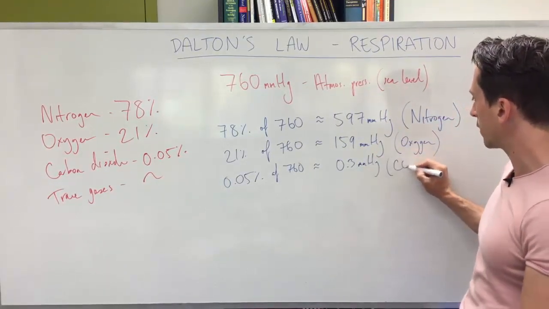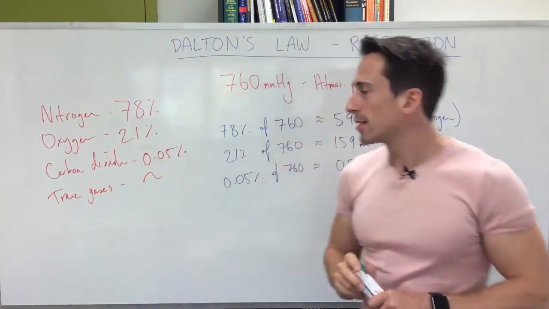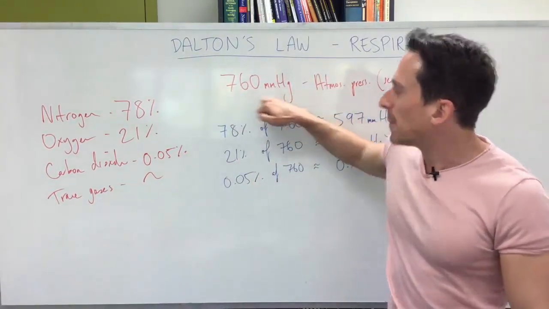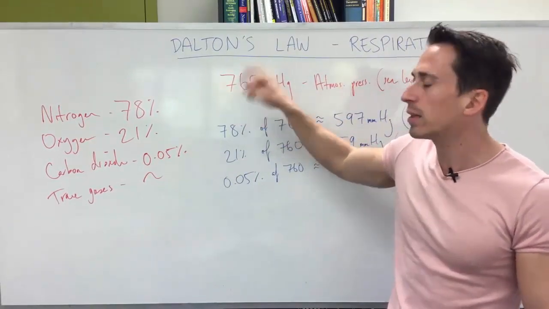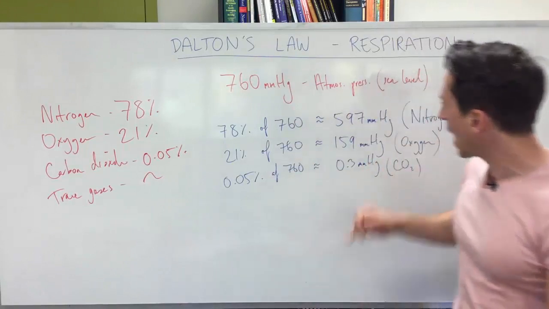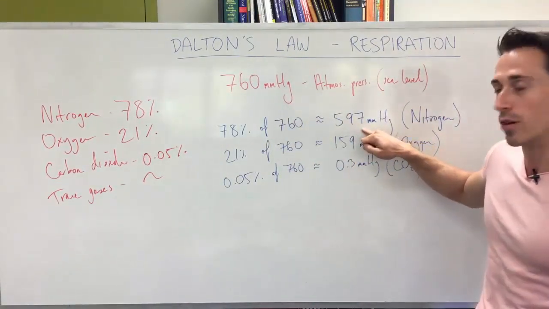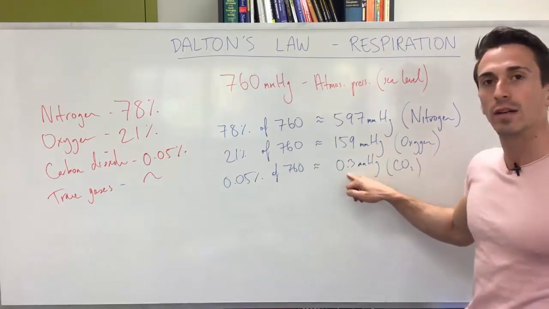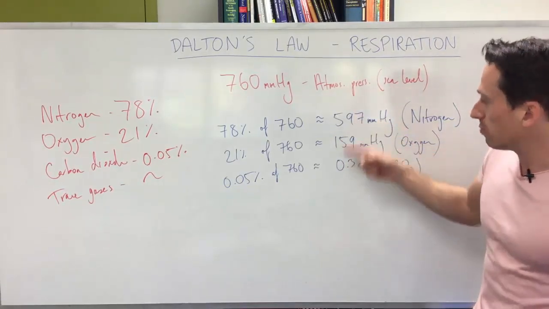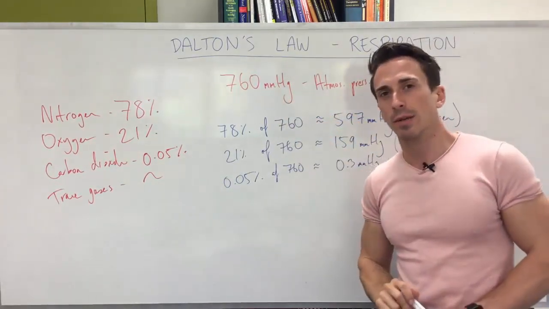And like I said, that's for carbon dioxide. So Dalton's law states that a mixture of gases has a pressure which is the sum total of all the individual gases, which means if we were to add these gases up, the 597 of nitrogen, the 159 of oxygen, and the 0.3 of carbon dioxide, it will approximately be equivalent to 760 millimeters of mercury.